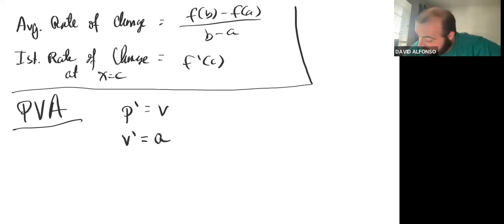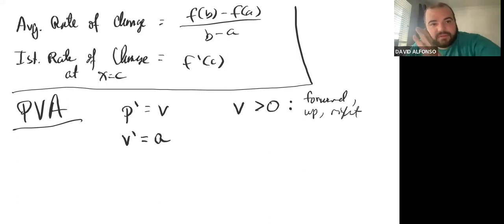If the velocity is positive, depending on the context of the problem, it might mean different things. It could mean you're moving forward, up, or right, because velocity represents the rate of change of position.